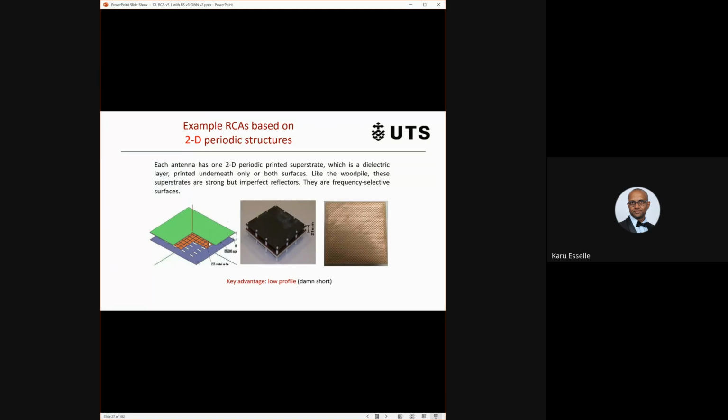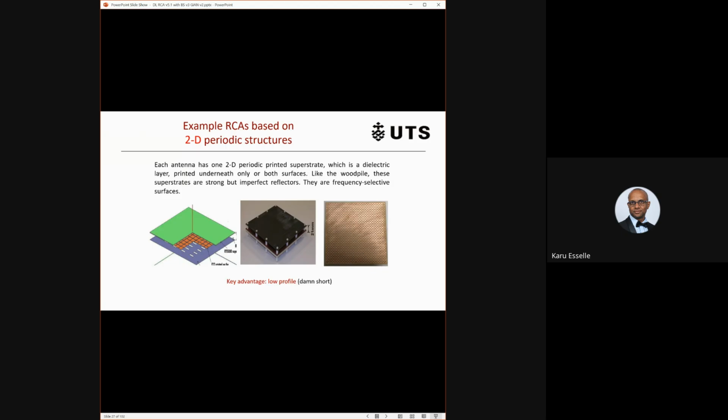It can be either printed circuit board type or any other frequency selective surface, FSS, with printing on both sides or one side. In this case, the metal printed pattern is underneath on the bottom side. All you see in the top is just dielectric, RT Duroid.